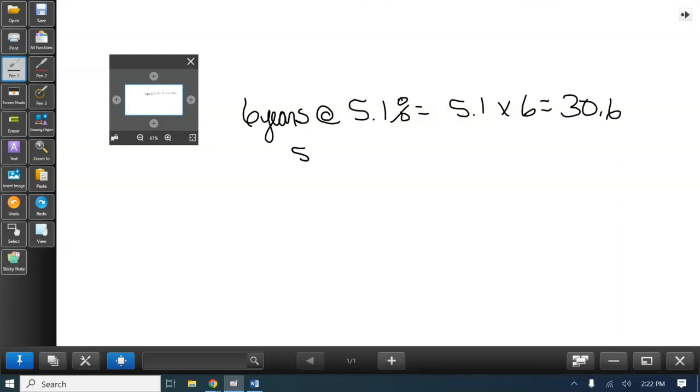And then for the last year, I did 5.1 divided by 4, which gave me roughly 1.275, and then multiplied it by 3, which would be every 3 months.